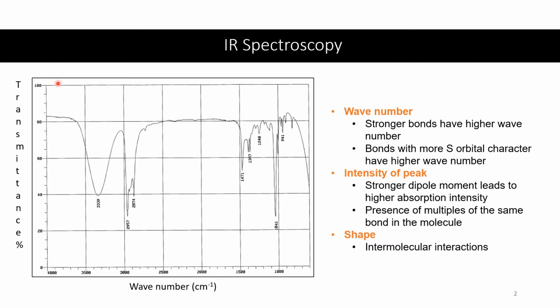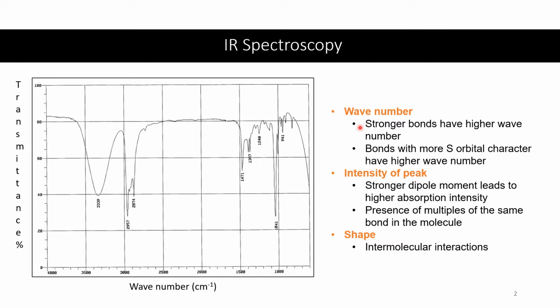Let's quickly remind ourselves of the IR spectroscopy technique. So when we looked at a spectrum, we had 3 different properties that allow us to distinguish different kinds of bonds. So we had wave number, intensity of peak, and shape of peak.